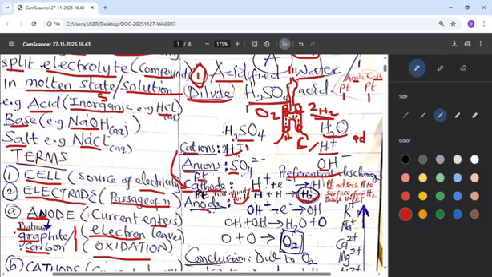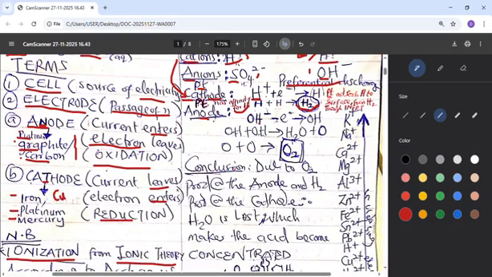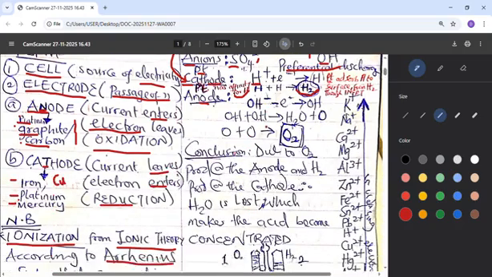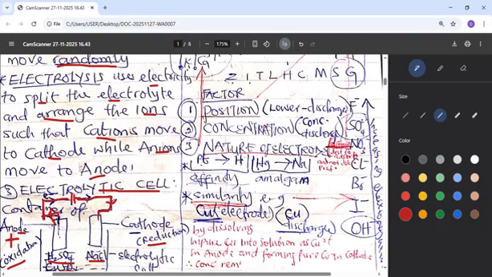Now let's go to the anode, where we have both SO4 and hydroxyl. So here we have to think of which of the two will be preferentially discharged. Here I wrote OH, that it will be preferentially discharged. Why? Just come and check what we call increasing electronegativity. That means each of them has a particular position, and that's why you can see that one of the factors that will determine preferential discharge is position.